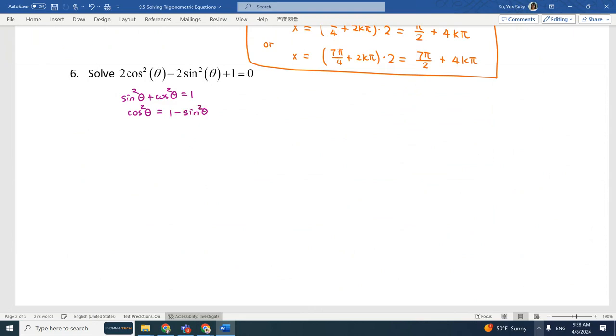Yeah, 1 minus sine squared. Good. Now we can plug in. So we have 2 times (1 minus sine squared), and that is the cosine squared. Next term, we have 2 sine squared and plus 1.